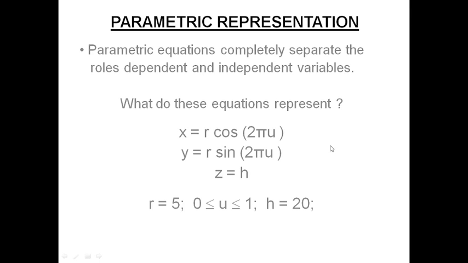You are starting from somewhere here on the coordinate axis, going like this and coming to the start point again when your u value becomes equal to 1, because this is now representing 360 degrees. So 360 degrees is nothing but equal to 0.